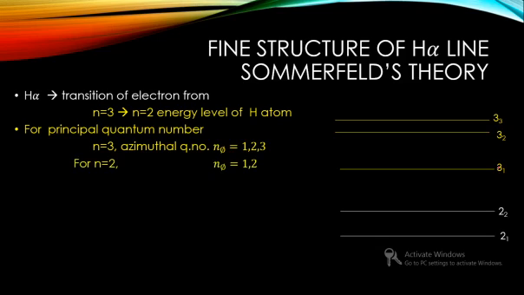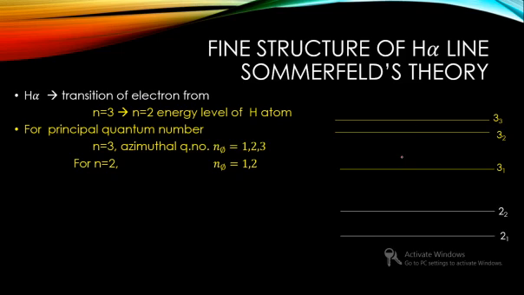Similarly, for n equal to 2, the allowed values of n_phi are 1 and 2, so the energy level splits into 2,1 and 2,2. So there are 3 energy levels in the third orbit and 2 energy levels in the second orbit.